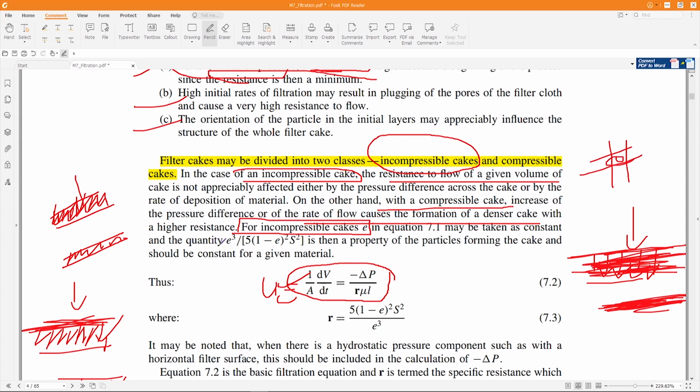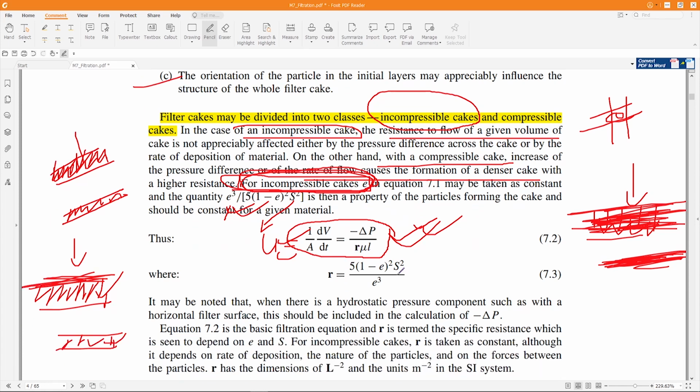So the voidage will remain constant and the specific surface area of the particles will also be constant. So first we will derive for the incompressible cake, then we will move on to compressible cakes and how to handle them. Right now this is for the incompressible cake, and r is a constant called the resistance of the cake.